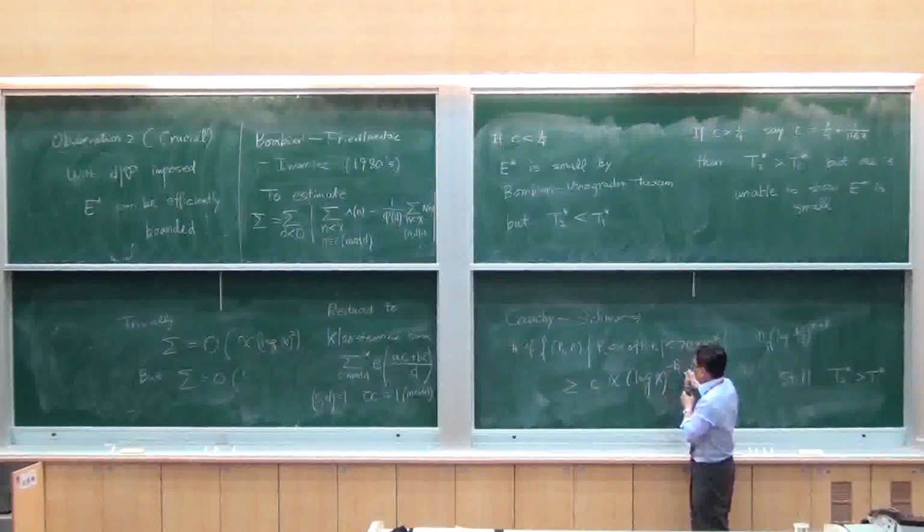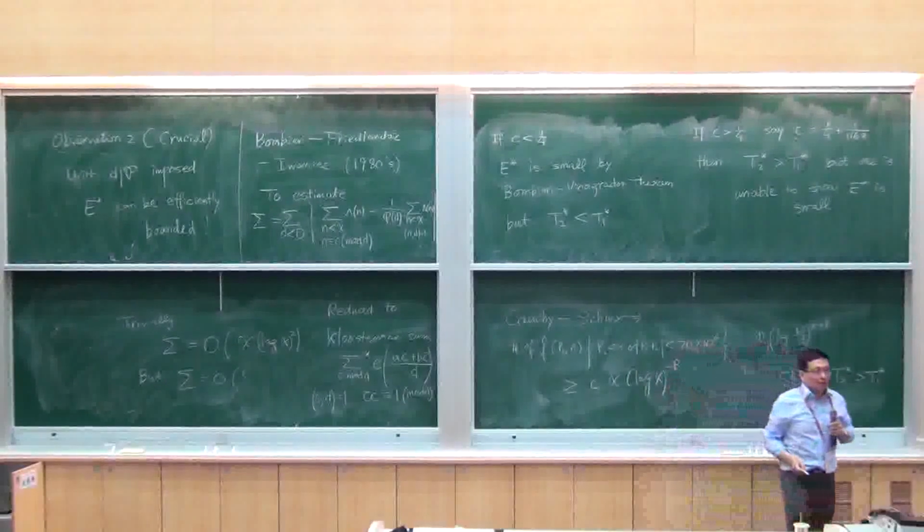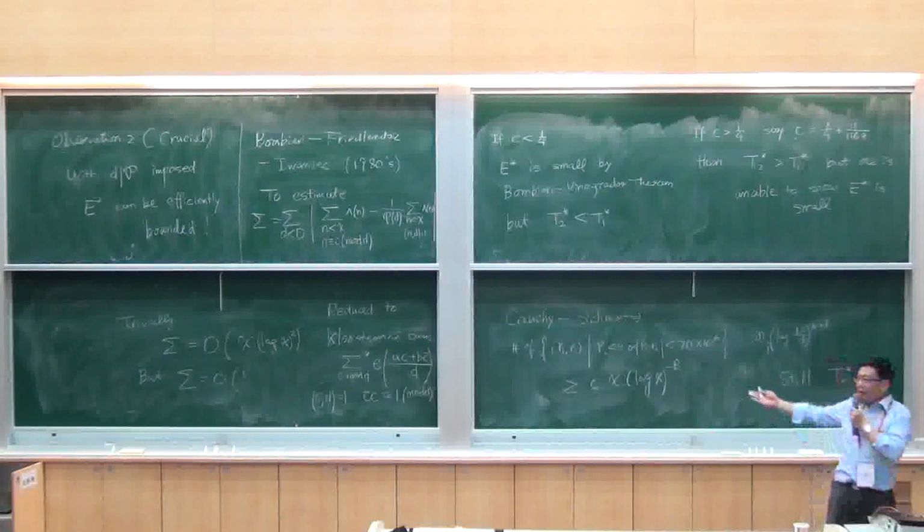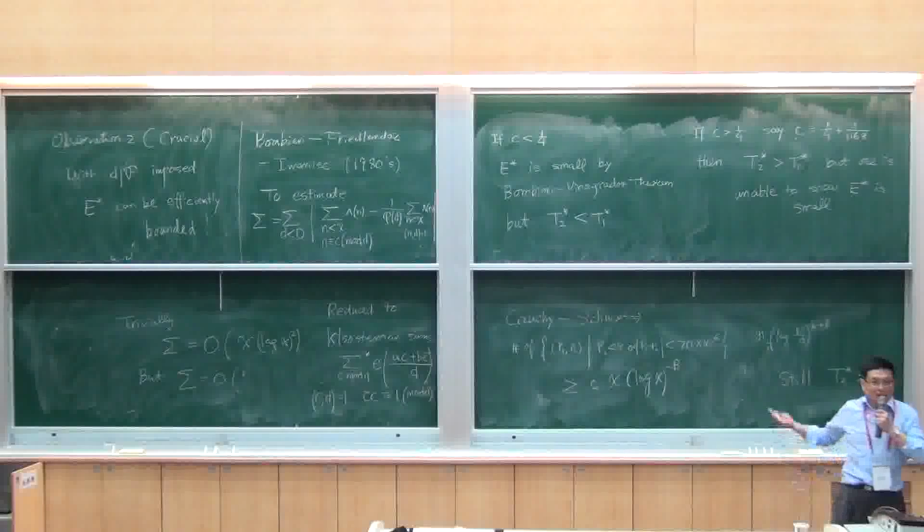We say it is b. Using Cauchy-Schwarz, but this b could be very large. But Cauchy-Schwarz is not difficult to get.